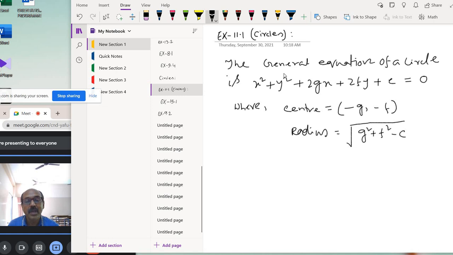Same means maybe 2x square plus 2y square, that is also okay. It is also a circle. So this is the condition of a circle: the coefficient of x square equals the coefficient of y square always. If the equation is like 2x square plus 3y square, then it is not a circle.